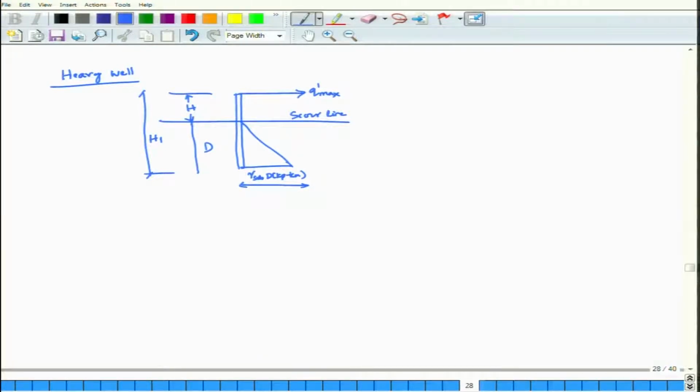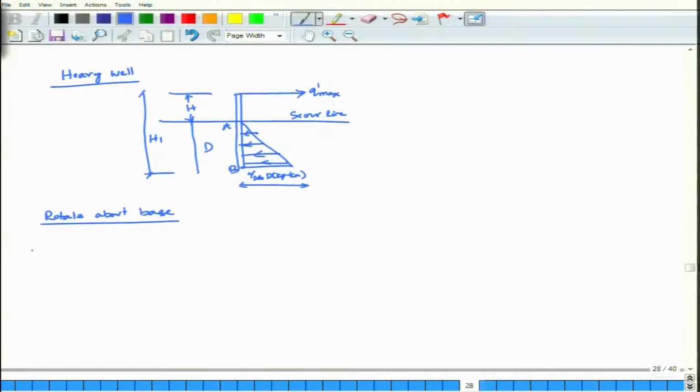In a heavy well, it is not going to rotate above the base, rather it is going to rotate about the base. So, for heavy wells, the assumption is rotation about the base.